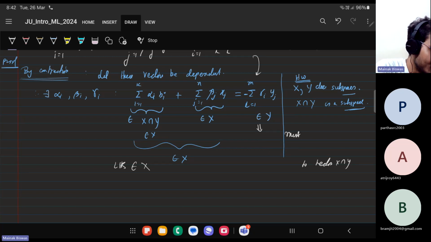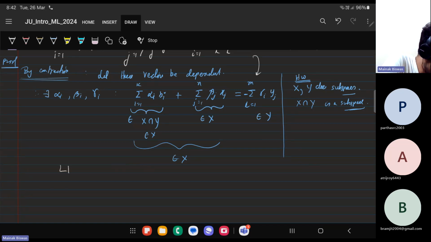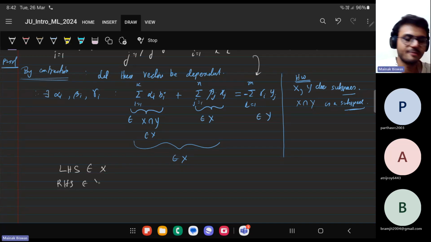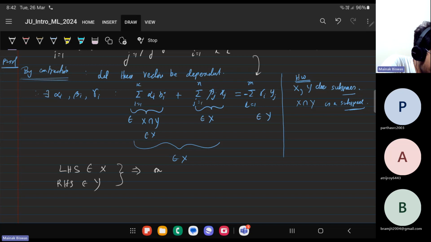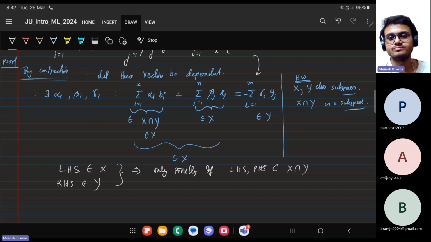Let me just write it clearly, in case people when they read, they will not understand. Left hand side belongs to X, yes or no? Right hand side belongs to Y. Now, only possible if LHS, RHS belongs to X intersection Y, yes or no?